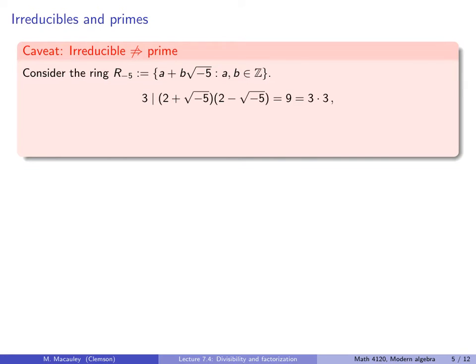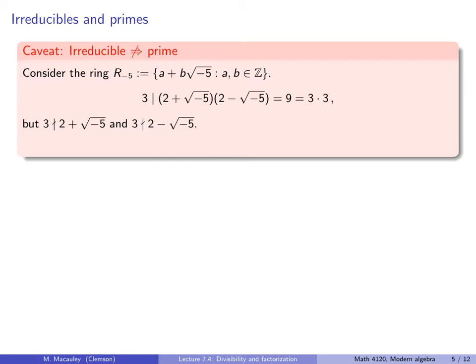In this ring, 3 obviously divides 9. It's equal to 3 times 3, but there is a cute little way to factor 9 as 2 plus root negative 5 times 2 minus root negative 5. It's not hard to check that 3 does not divide 2 plus root negative 5 or 2 minus root negative 5. There's clearly no way to multiply 3 times something like this to get either of those.